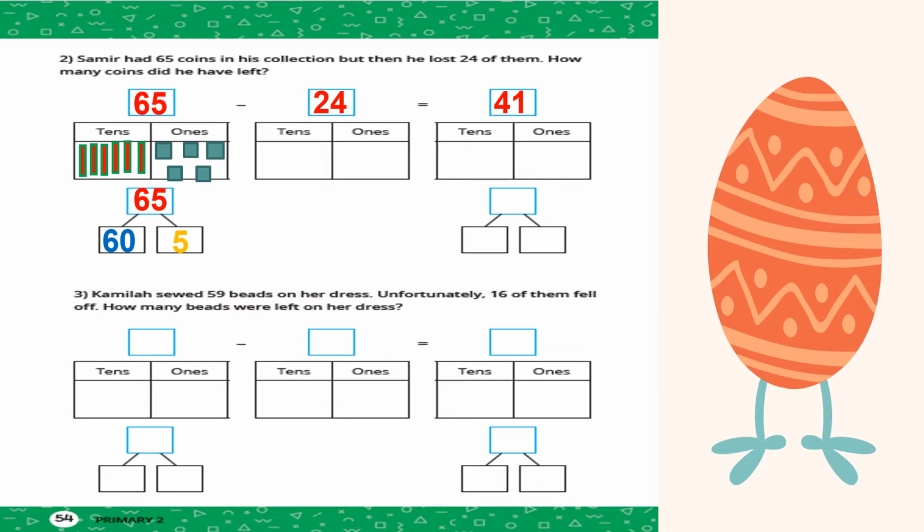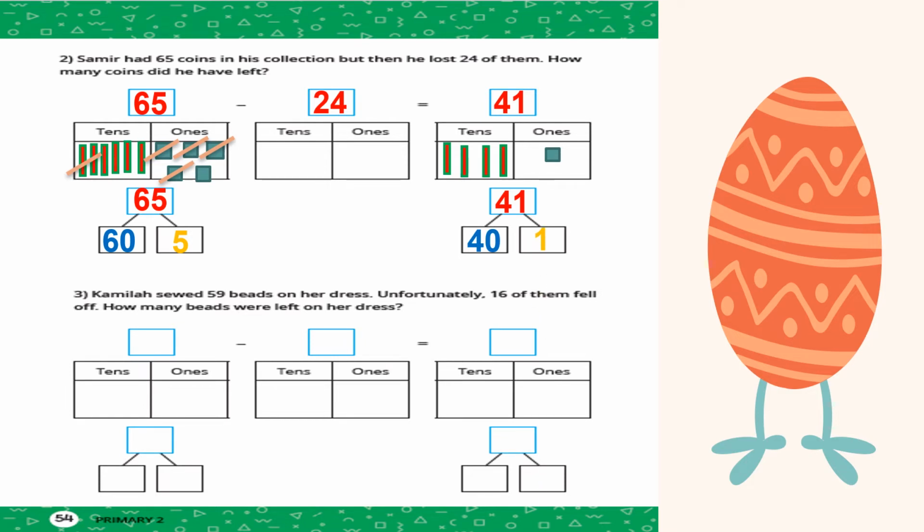So we will cancel 4 small squares and 2 sticks. So the remainder will be 4 sticks and 1 small square. Let's decompose 41. 40 plus 1.